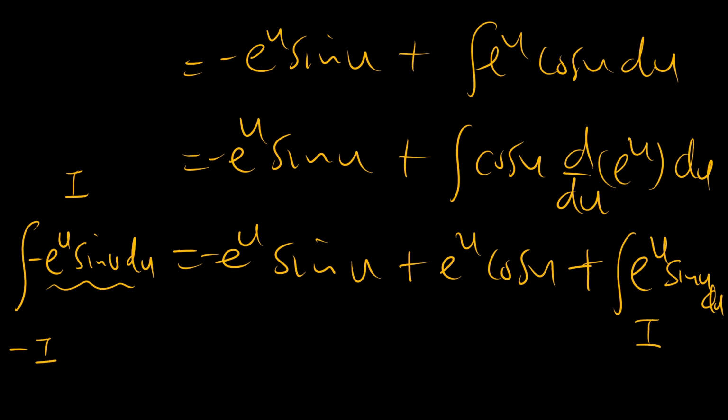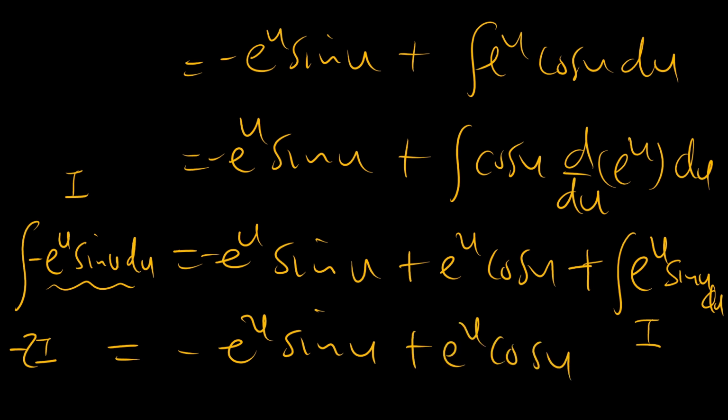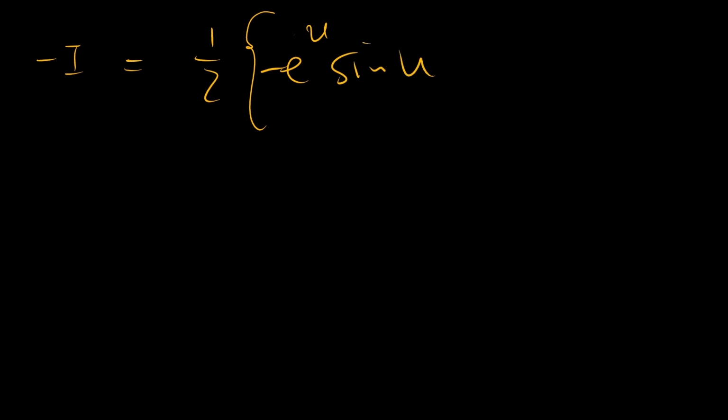So if we pull out this I to this side, we get 2I being equal to negative e to the u sine u plus e to the u cosine of u. So I becomes a half of, sorry, it's just e to the u, there's a negative here, sine u plus e to the u cosine of u plus the integration constant.